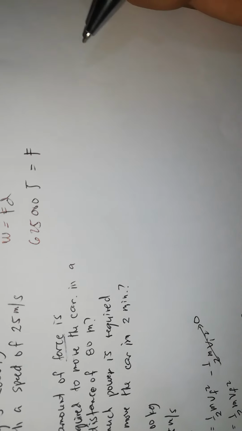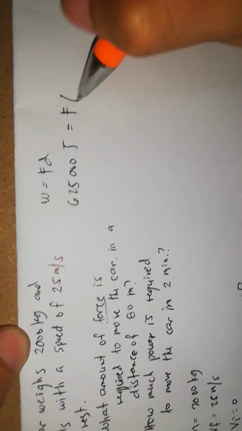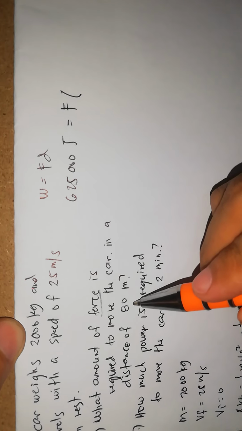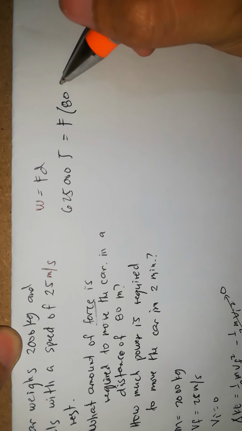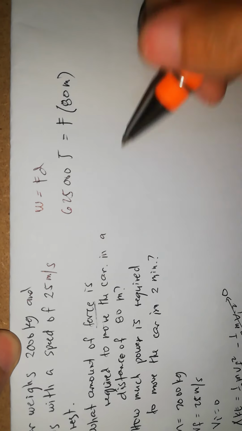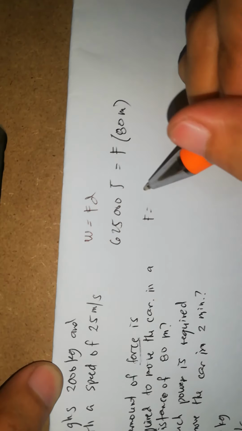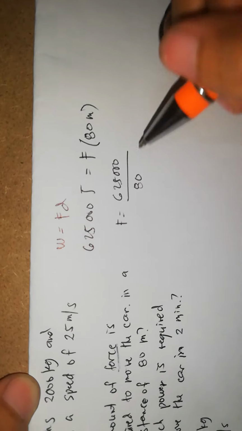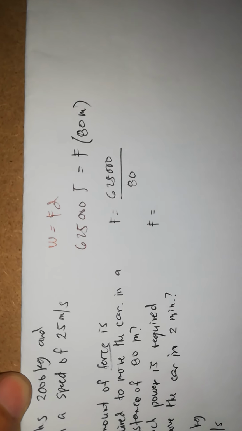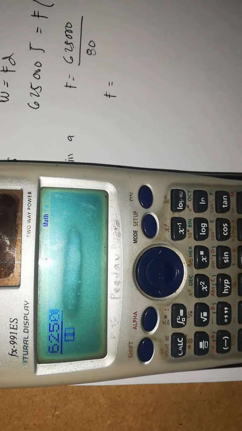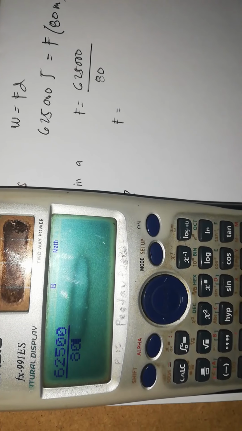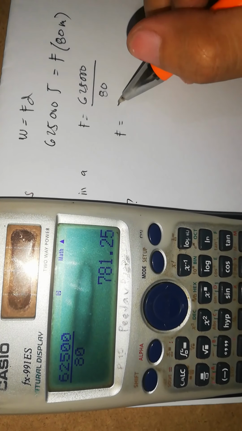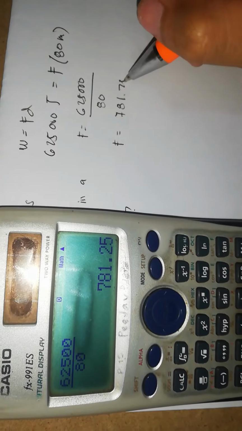So, yan yung hanapin natin. Force times distance traveled, which is 80 meters. Okay? So, F is equal to 625,000 divided by 80. So, therefore, the force required is 625,000 divided by 80. Okay, we have 781.25.